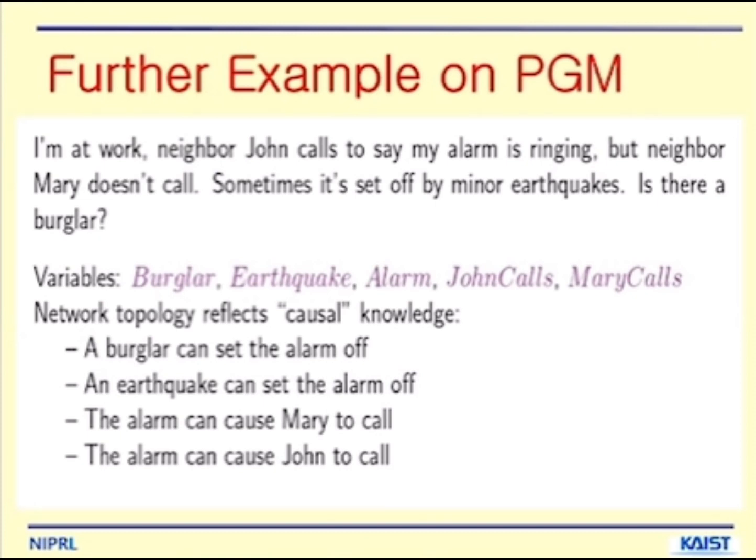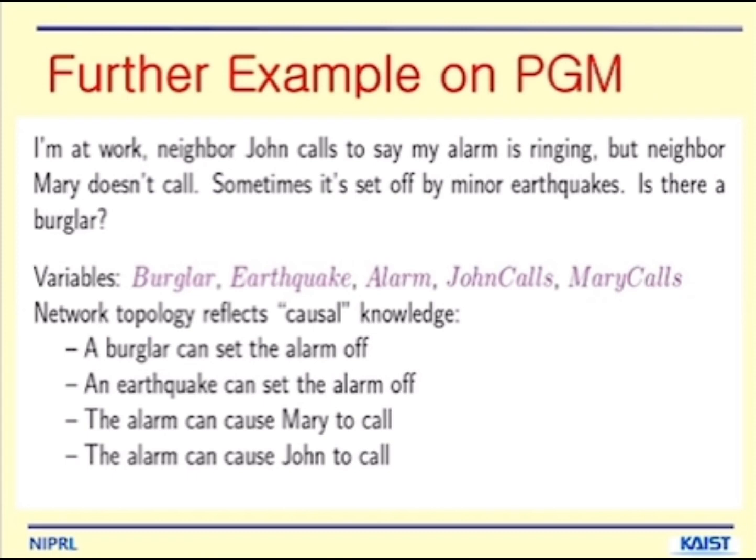Neighbor John calls to say my alarm is ringing, but neighbor Mary doesn't call, which means you've got two neighbors: one calls when the alarm is ringing, and the other doesn't. Sometimes the alarm is set off by minor earthquakes. Is there a burglar? That's the question. In this example we have 5 variables: burglar, earthquake, alarm, John calls, and Mary calls.